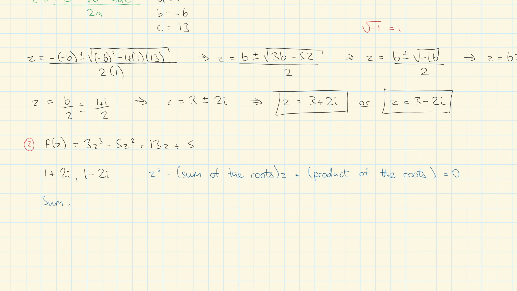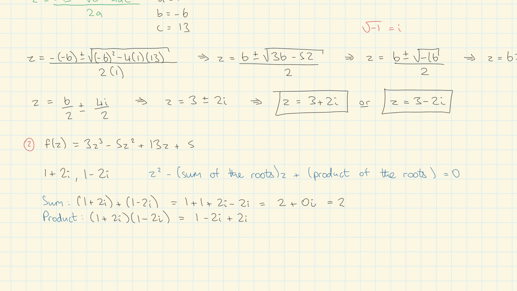So for the sum of the roots, we're adding them. 1 plus 2i plus 1 minus 2i. So that's 1 plus 1 plus 2i minus 2i, which is equal to 2 plus 0i, which we can just leave as 2. And for the product, we multiply. So it's 1 plus 2i multiplied by 1 minus 2i. 1 by 1 will give me 1. 1 by minus 2i is minus 2i.